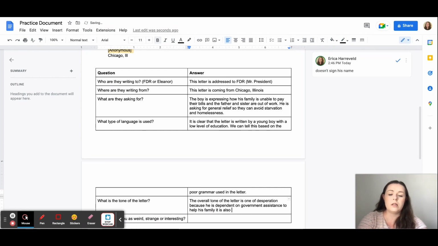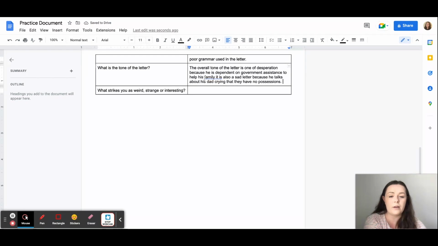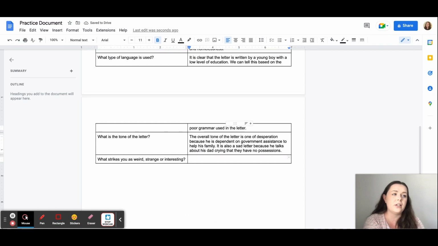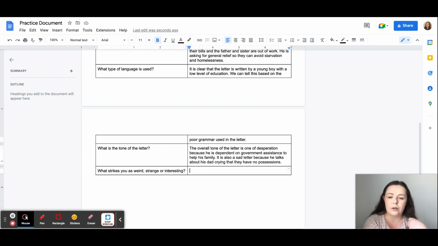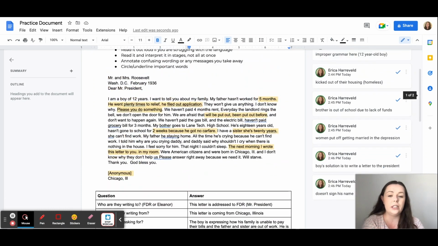It is also a sad letter because he talks about his dad crying. They have no possessions. So that's just up to you and your opinion, and whatever adjectives you can use to describe the words used in the letter and the tone. So that's up to you and the adjectives that you think of when you read the various letters in your assignment. So does anything strike you as weird, strange, or interesting?